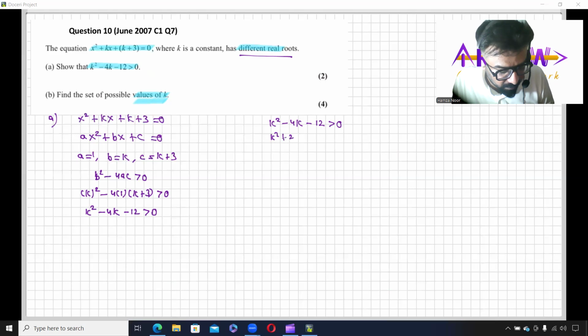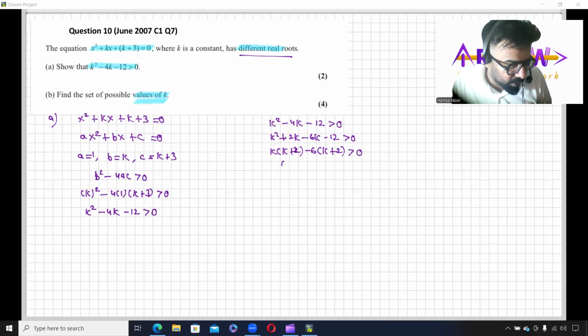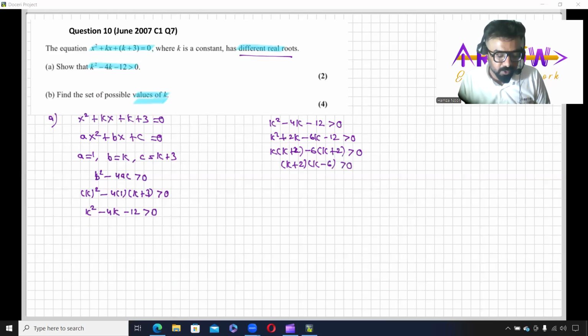So k squared plus 2k minus 6k minus 12 is greater than 0. Taking k as common multiplied by k plus 2, and taking minus 6 as common multiplied by k plus 2, this whole thing is greater than 0. Therefore, k plus 2 multiplied by k minus 6 is greater than 0.